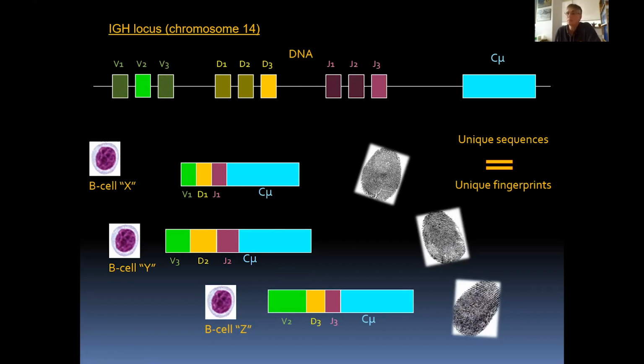Now, since the VDJ regions have a unique sequence, you can imagine that this could be sort of a fingerprint, an identity fingerprint of that B lymphocyte. So the unique sequences are unique fingerprints that don't repeat themselves. Furthermore, as the B lymphocyte matures, it will actually mutate or hypermutate some sequences in the V region.